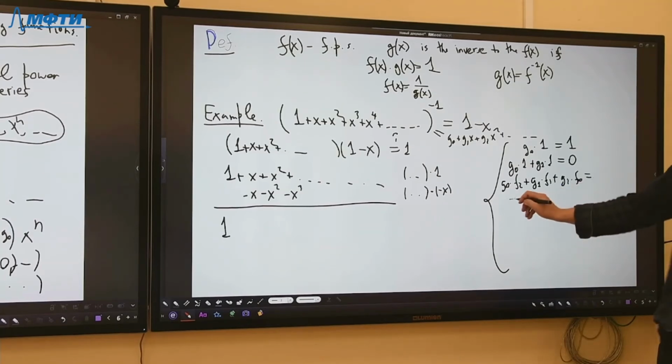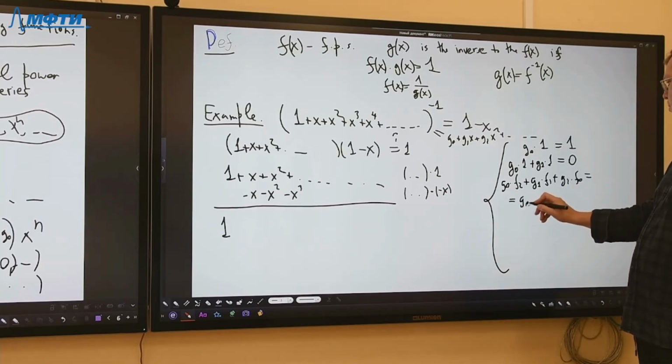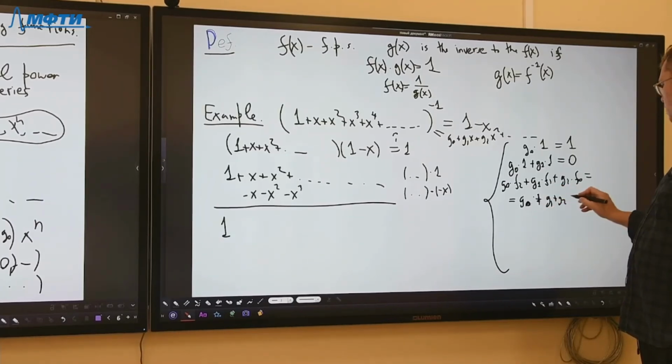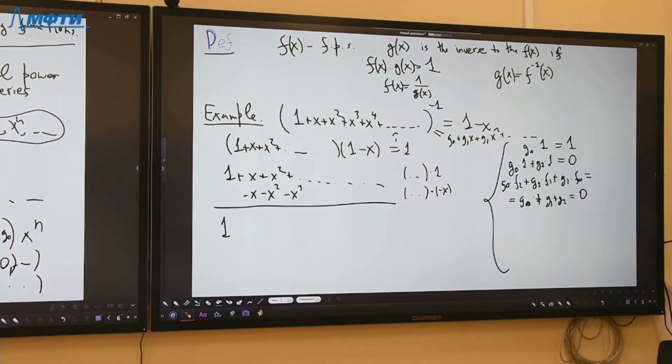But all coefficients of the formal power series f are 1, so this will be just the sum of the elements. For arbitrary n, the sum of the first n coefficients will be equal to 0.